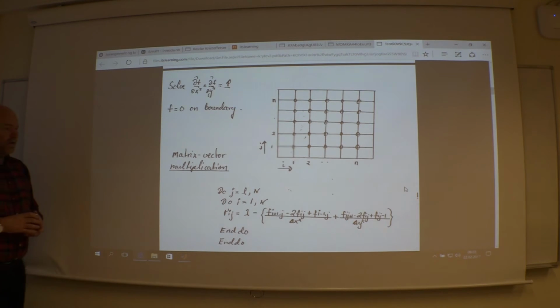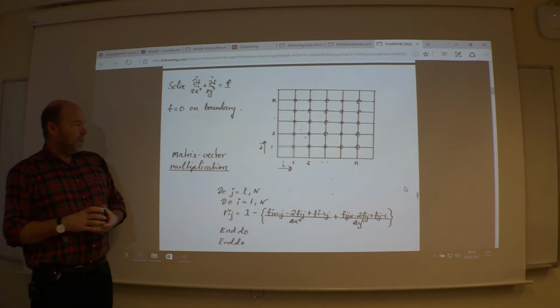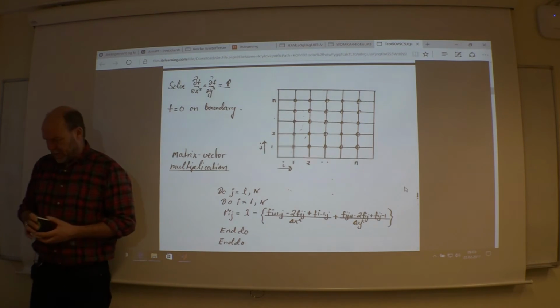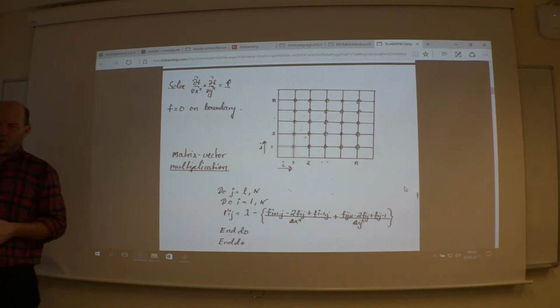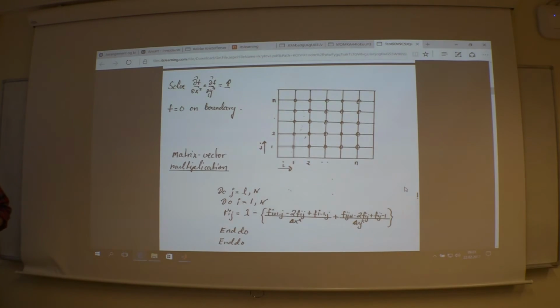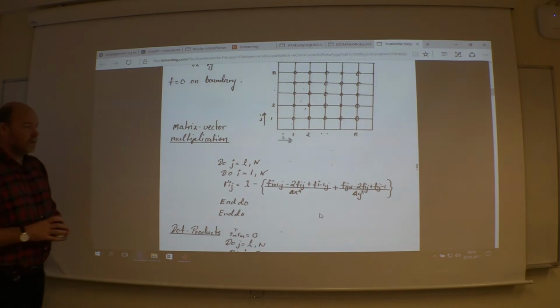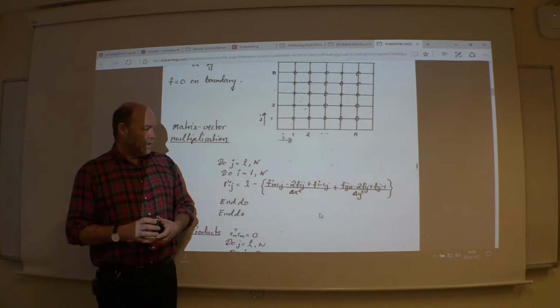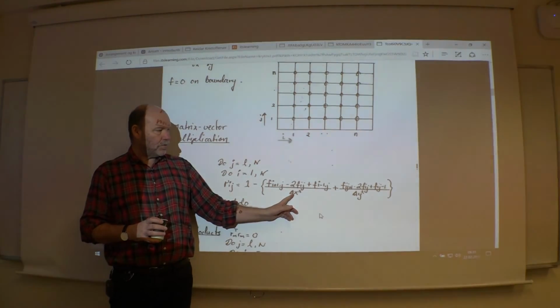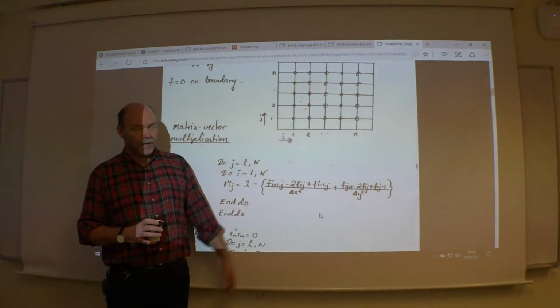Yeah, I have here just an example how to use it on a Poisson equation, finding the equation system. Now normally, remember with this A matrix, that's the coefficient matrix, you never store the entire A matrix. You are going to kill yourself, or kill your computer at least, if you try to do it on a big problem. And also the A matrix only consists of coefficients like -2 over delta x square, 1 over delta x square.